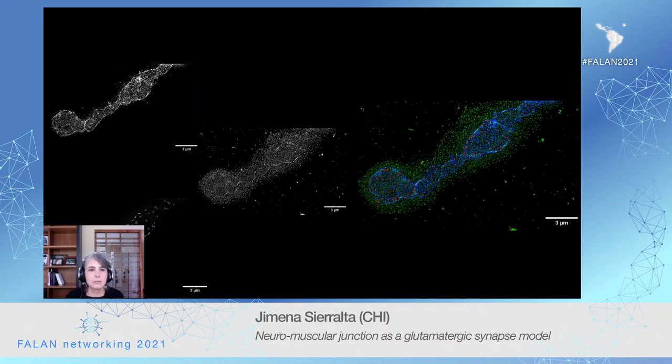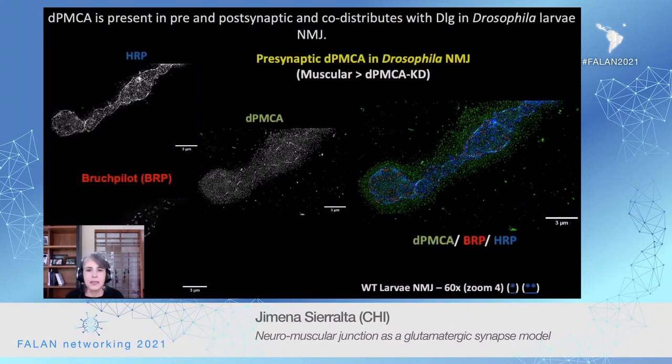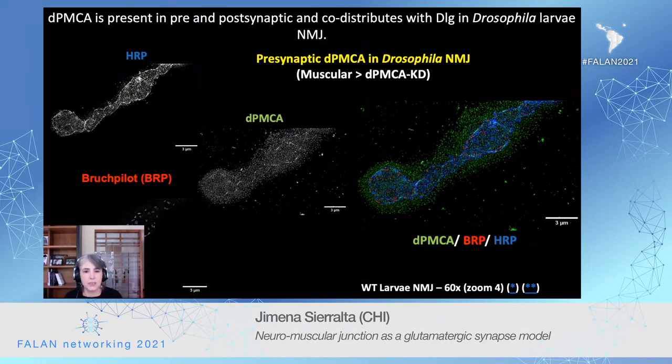So these are pictures of boutons where the PMCA and DLG were downregulated in the postsynaptic side, and you can see clearly now the presence of PMCA and DLG in the presynapse. Here is PMCA.